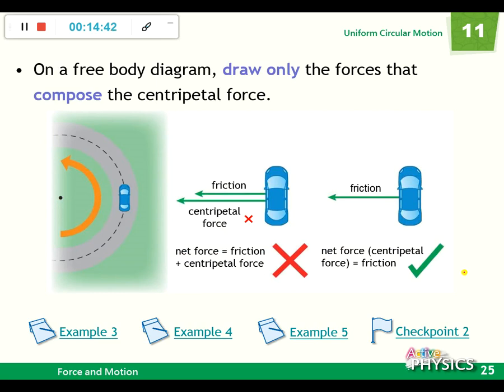Look at this. On a free-body diagram, draw only the forces that compose the centripetal force.